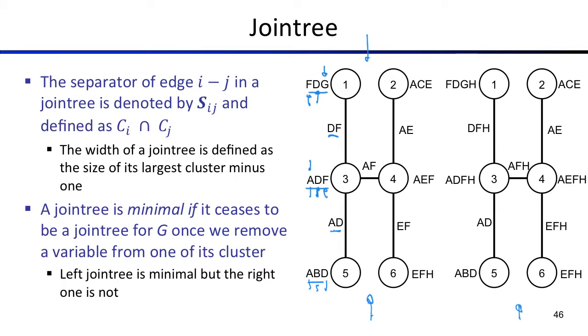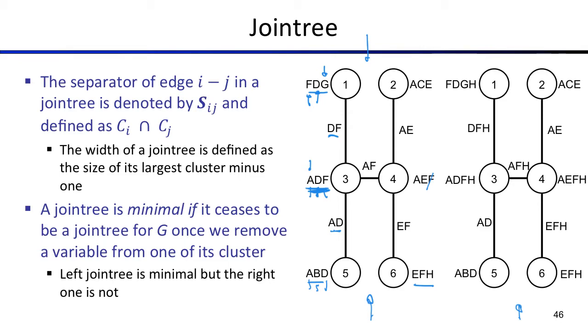So for instance, if we decide to remove F from this node here, we don't have the joint tree property anymore because we have F in this node 6, and we have F in this node here that is 3, but we don't have F in the node 4, and the node 4 is part of the path between node 6 and 3.